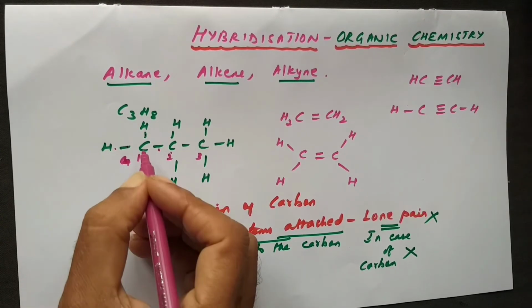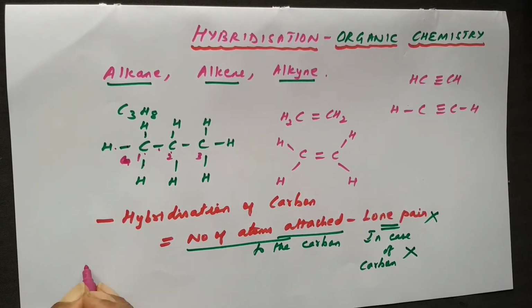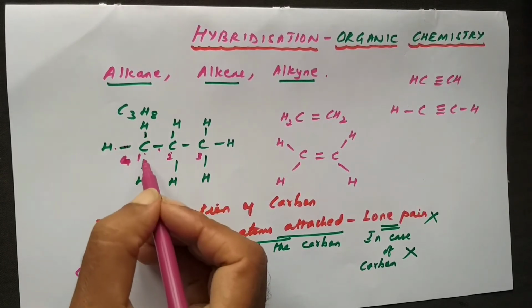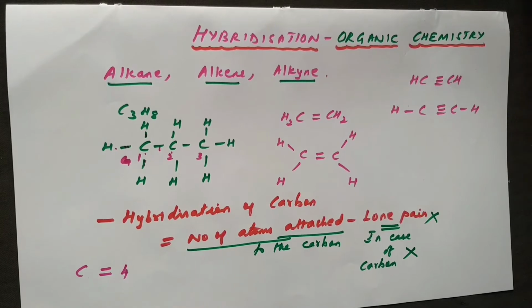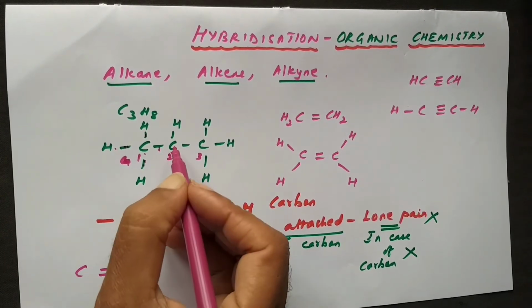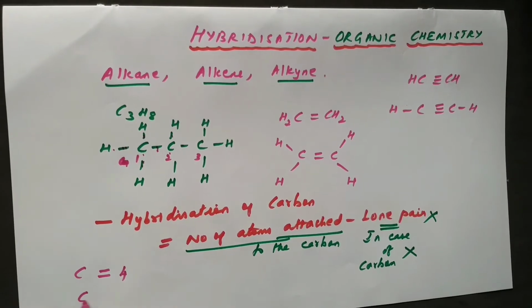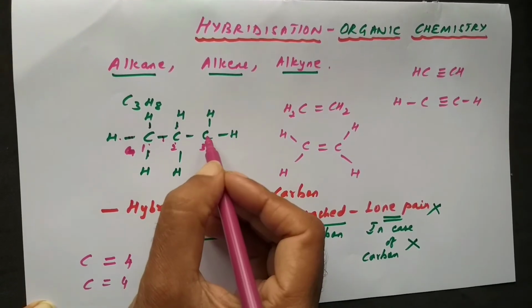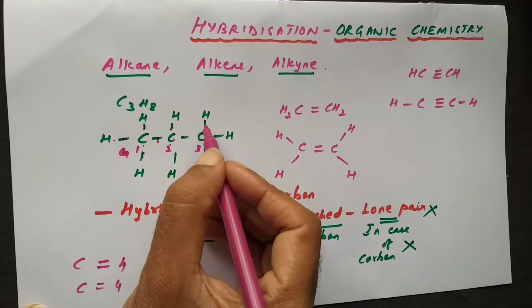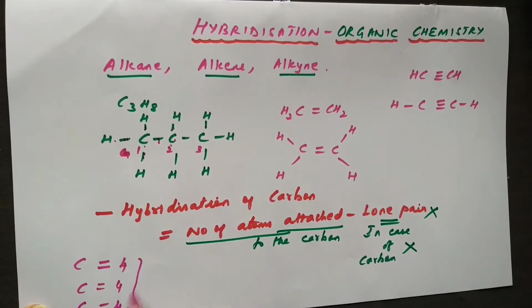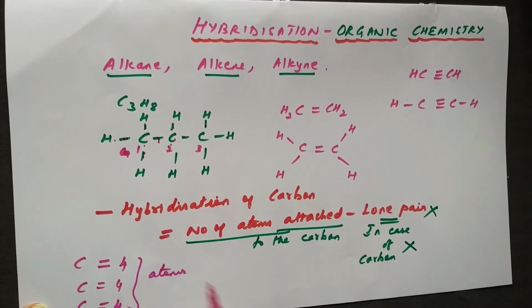Carbon 1 is attached with 4 atoms. Carbon 2 is also attached with 4 atoms. When you take C3, it is attached with the carbon, and hydrogens here, here and here. So all the carbons are attached with 4 atoms.